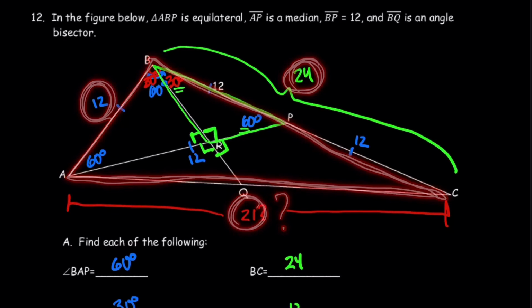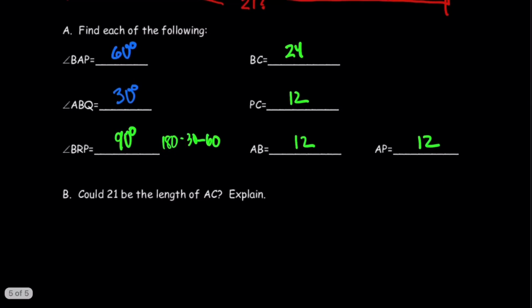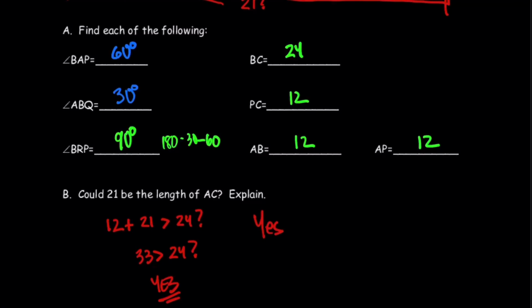Well, they're testing whether the two smallest sides add up to be more than the largest. So basically, I need to take 12 plus 21. Is that greater than 24? So 12 plus 21, what's that, 33? Is that greater than 24? Yes. So it can. Answer is yes, because 12 plus 21 is greater than 24.